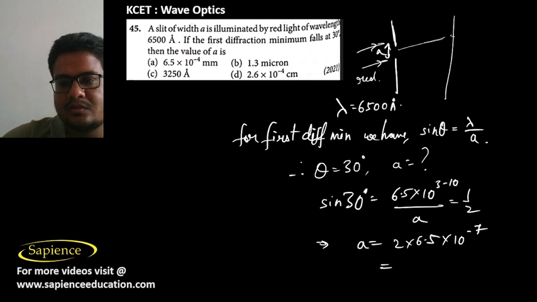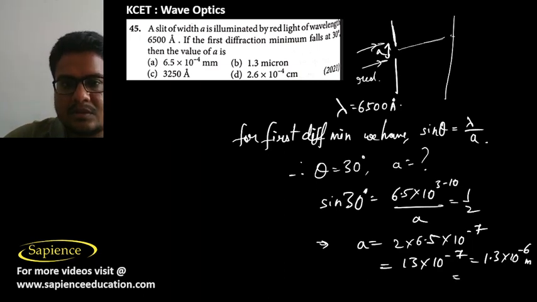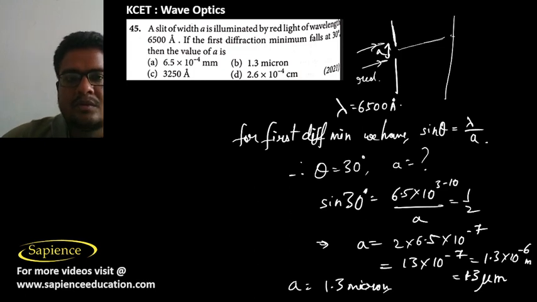It is 2 sixes are 12, so this is 13 into 10 power minus 7, or I can say 1.3 into 10 power minus 6 meter, or 1.3 micrometer, or the slit width is 1.3 micron. So option B is the correct answer.